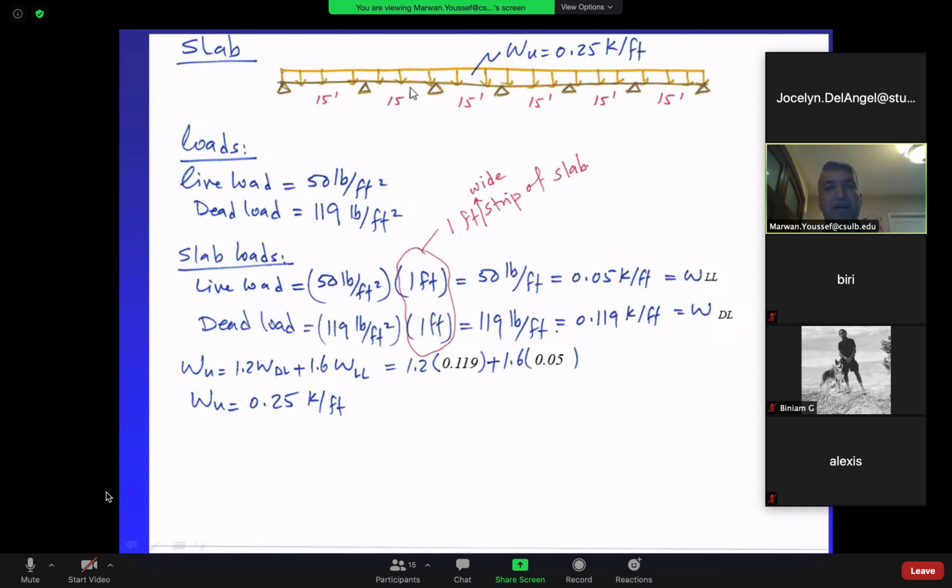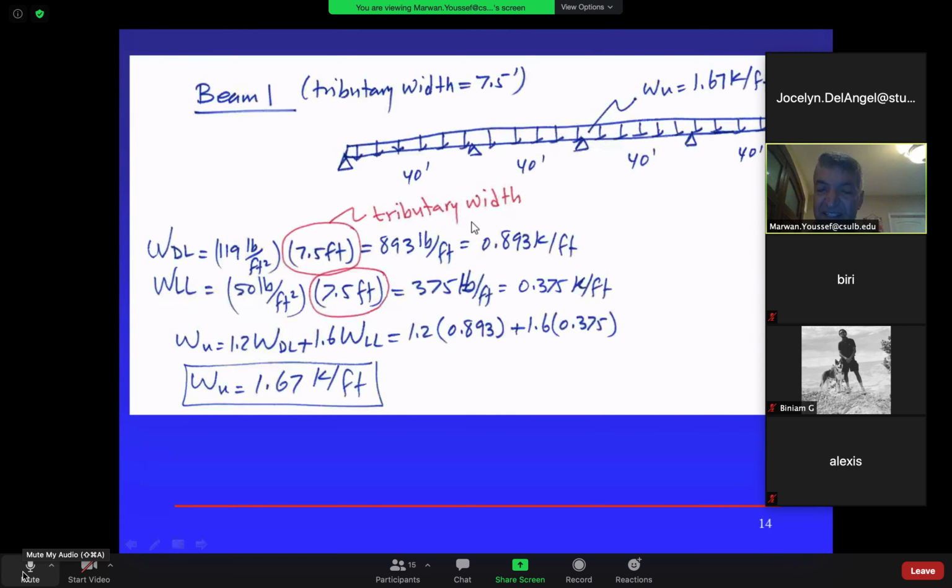Because the moment that the analysis is gonna give us from this setup, we're gonna use to calculate the steel we need in the slab. And when we did it for the beam, it gave me moment and shear diagrams. I'm gonna use those moments to select the rebars for this beam. Make sense? A little bit, yeah.